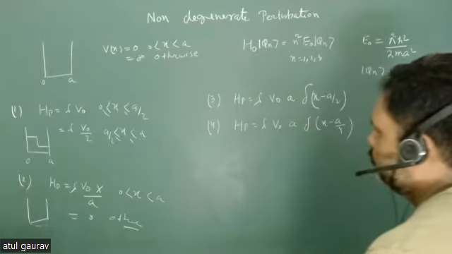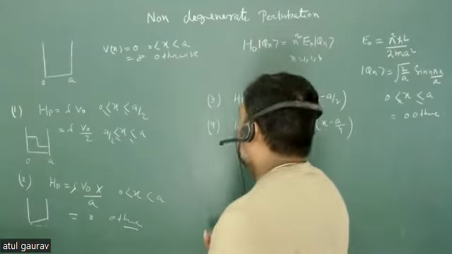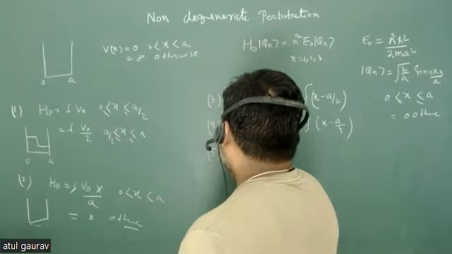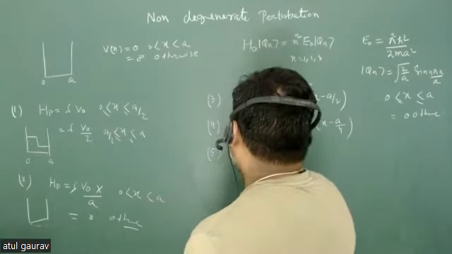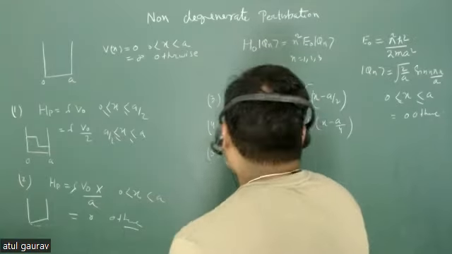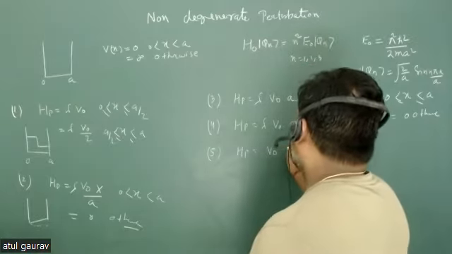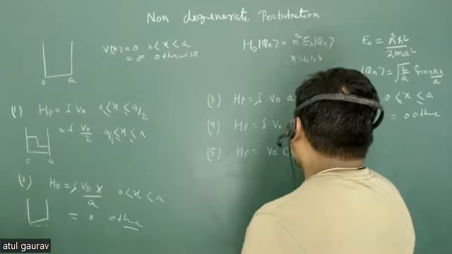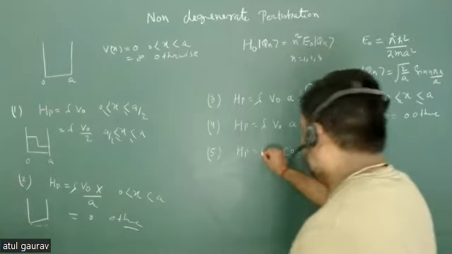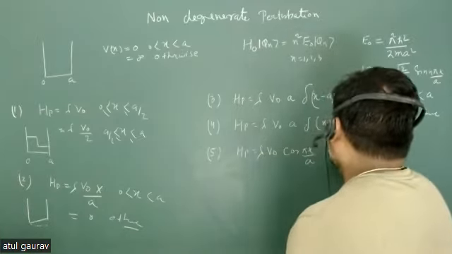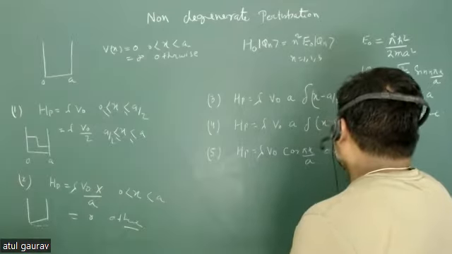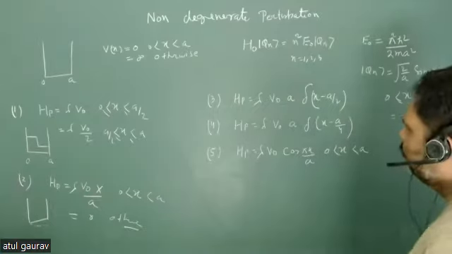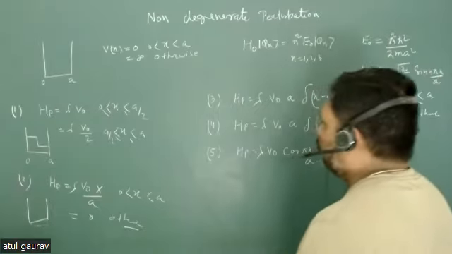And the fifth one, Hp is equal to V naught cos pi x upon a, and lambda you can put, where x is between 0 to a. So these are the 5 problems we are trying to solve.